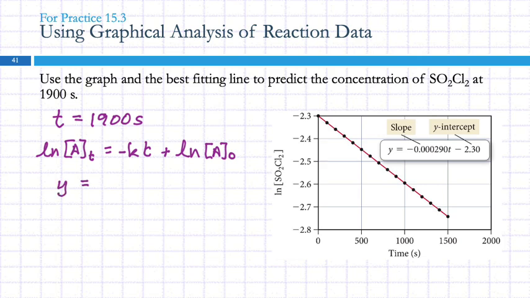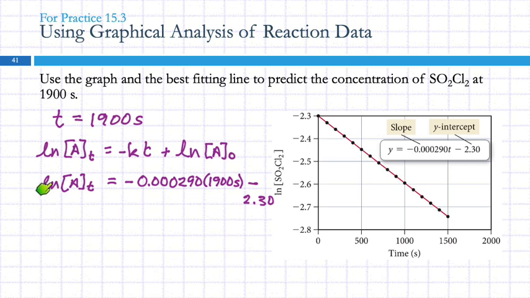So y is the natural log of A at time t, and that's equal to this number here. The rest of this we can just use straight out of here. I'm just re-identifying y so that we don't find y and think that that's the answer. So we have negative 0.000290 times 1900 seconds minus, I didn't plan that out very well, 2.03.